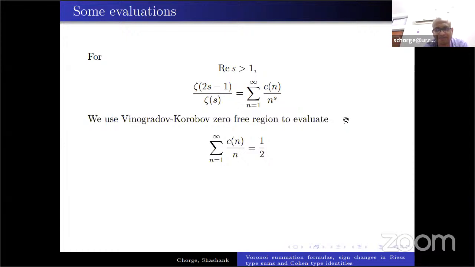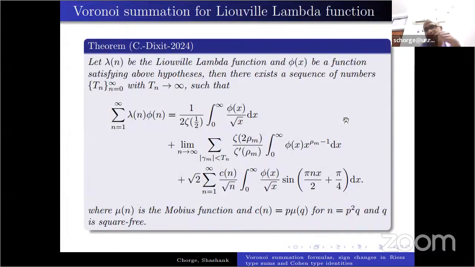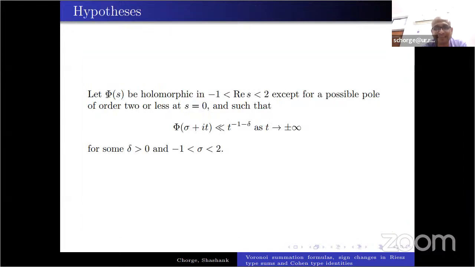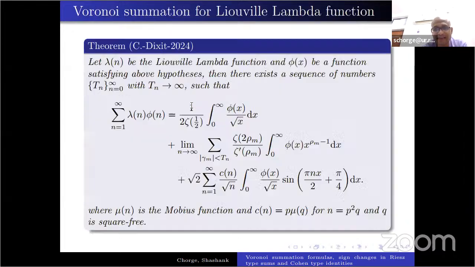Okay. Now, what happens in our case, let me just go back again. I'm going back and forward so that we don't lose touch. So phi of s is a function, and this function here is the inverse Mellin transform of that phi of x.